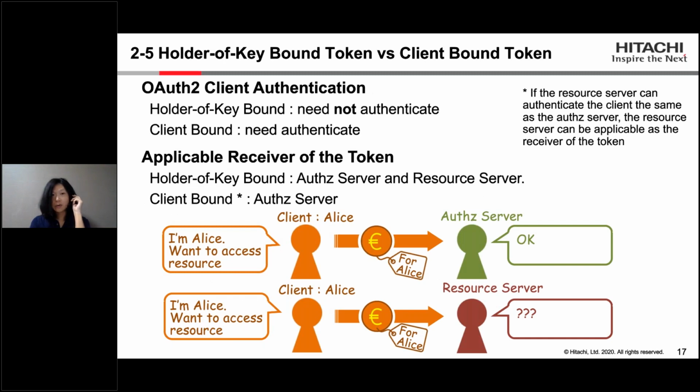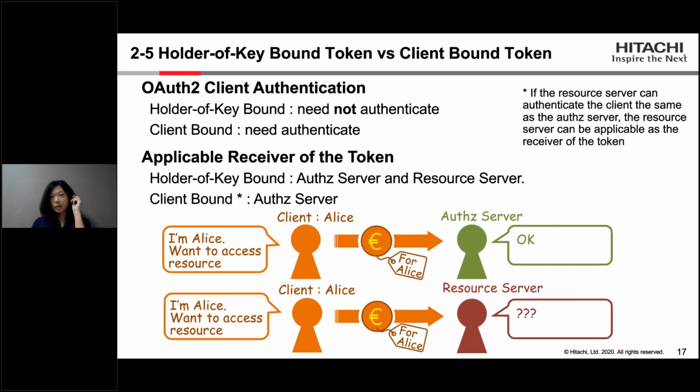So, both the holder-bound token and the client-bound token can prevent improper resource access by malicious clients, malicious entities. But each method has its own characteristics, so here I would like to describe the differences between them.